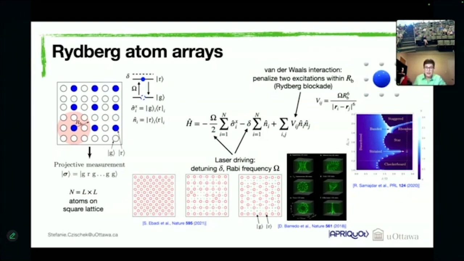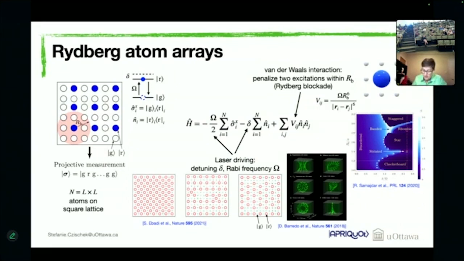At the same time, people are realizing these Rydberg atom arrays experimentally, and they have shown that they can very accurately and very efficiently arrange all these atoms on two-dimensional, even three-dimensional lattices. And by tuning the Hamiltonian parameters, they can really prepare these phases that have been predicted theoretically before. And so all this together makes Rydberg atom arrays very promising candidates for high quality quantum computation and quantum simulation, which is why we really want to understand these systems better.